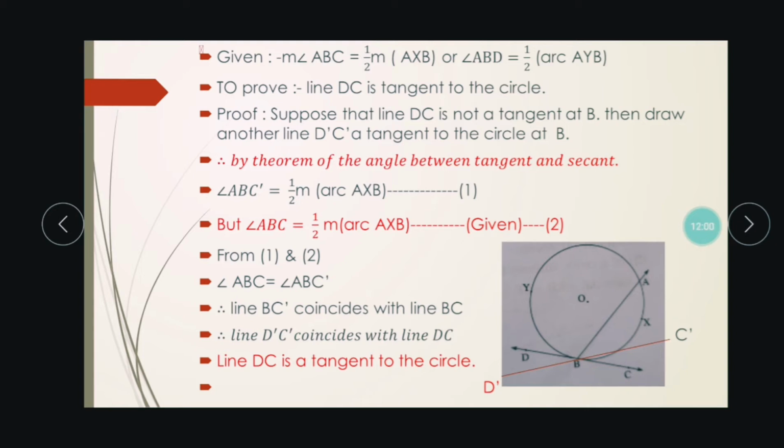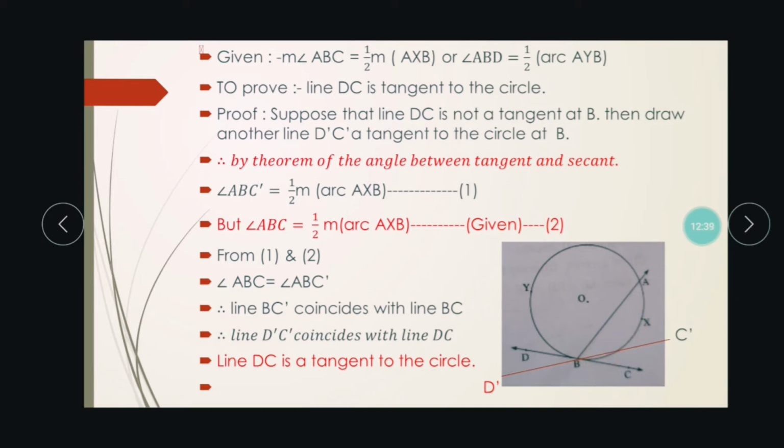Then we will draw another line over there. That line is D dash C dash, which is tangent to the circle at point B. So by the theorem of angles between tangent and secant, what will be the measure of angle ABC dash? It will be equal to half measure arc AXB. But what is given to us? Given part is measure angle ABC is equal to half measure arc AXB.